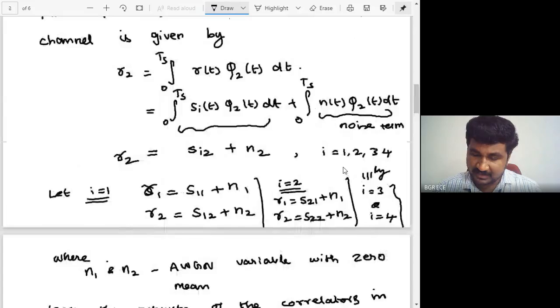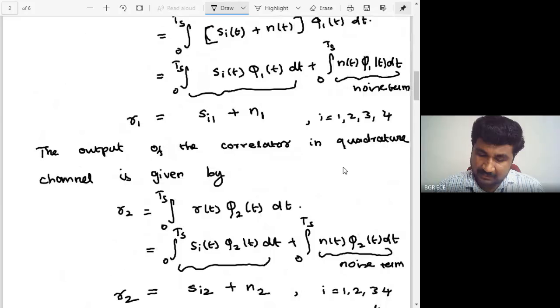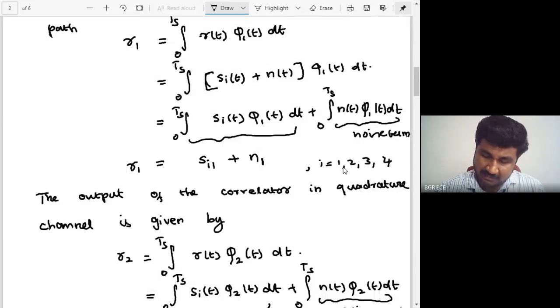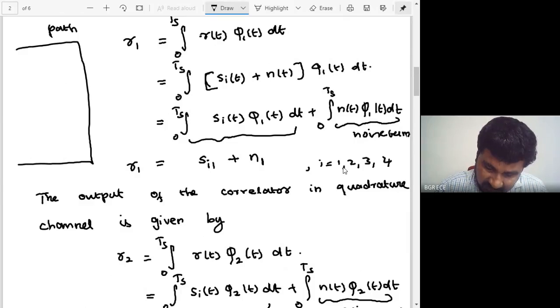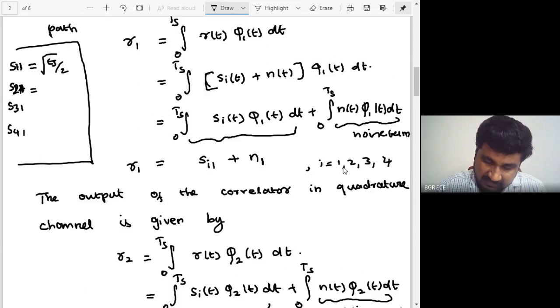Since Si1 may have 4 values, that are S11, S21, S31 and S41. S11 is square root of Es by 2.